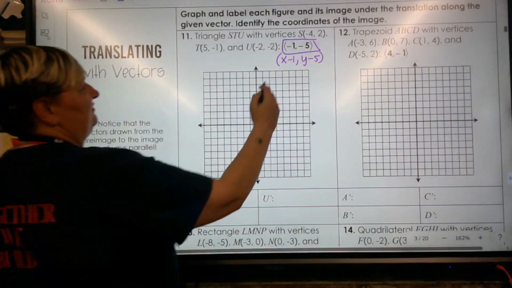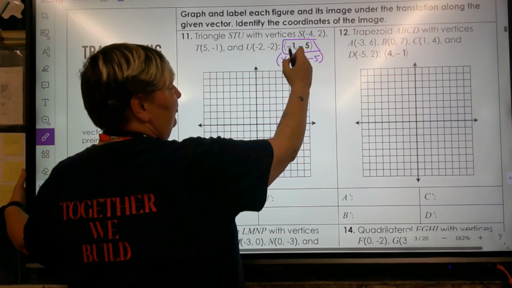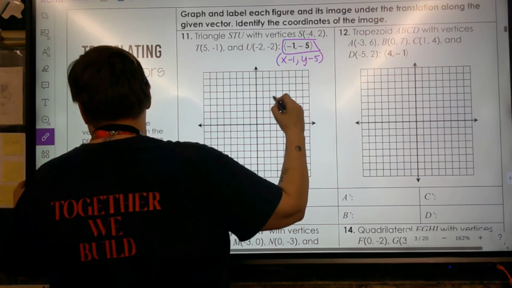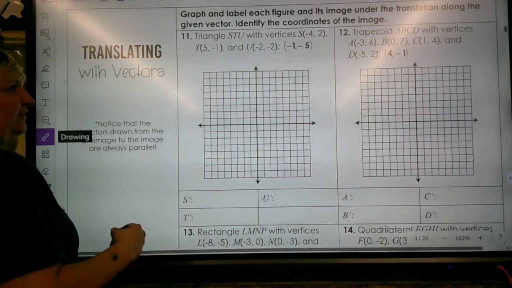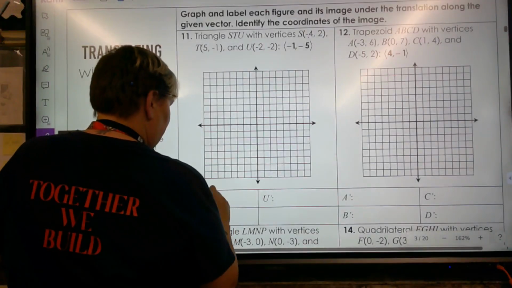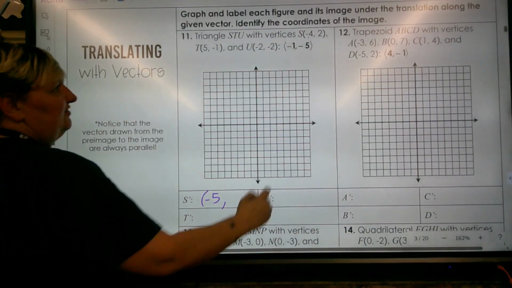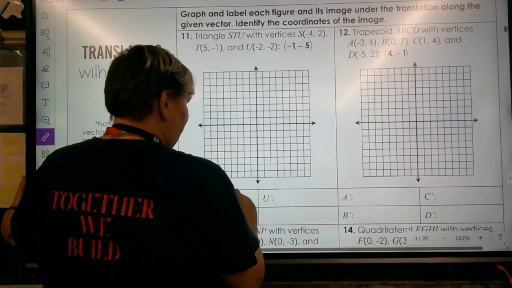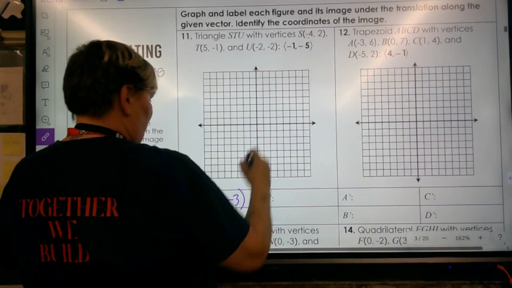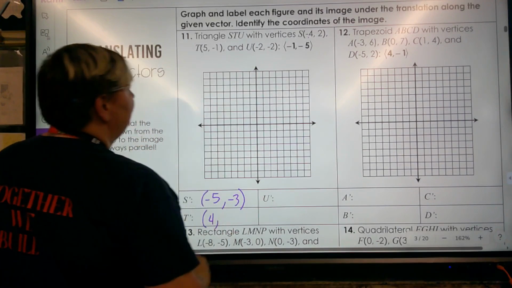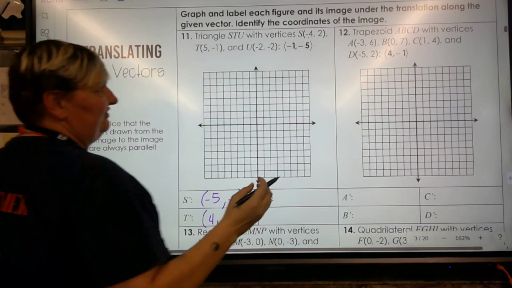I know, math. All right, so S is -4 plus a -1, which is -5. 2 minus 5 is -3. 5 minus 1 is 4. -1 minus a -5, or plus a -5.